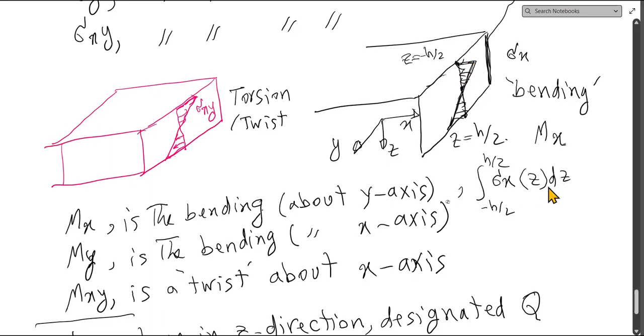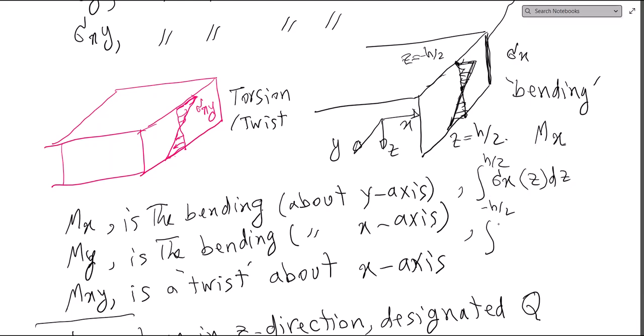This is an area element times the sigma, which is the force, and then times the arm of that force, which is z along the z axis. Therefore you will get this is mx. And similarly my is the integral, I will skip the limits, of sigma y z dz, and I will talk about mxy.